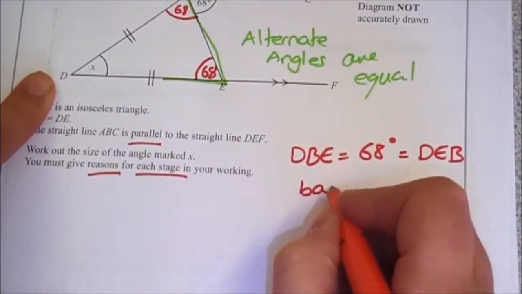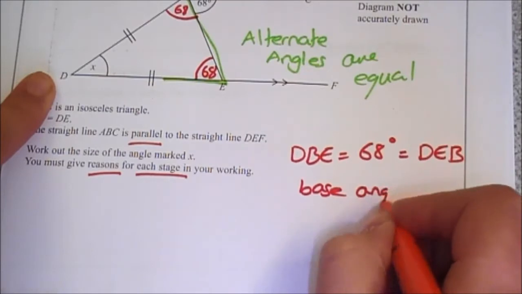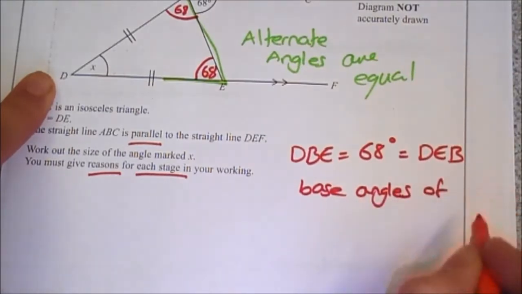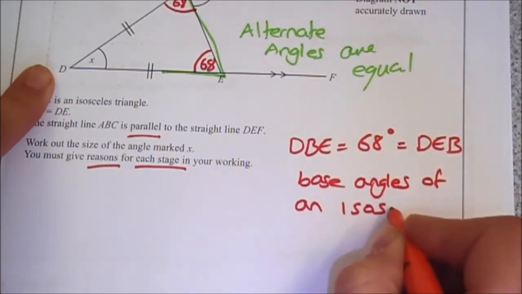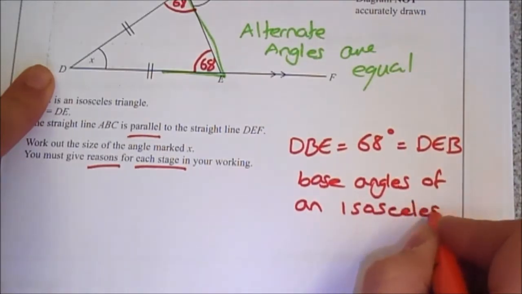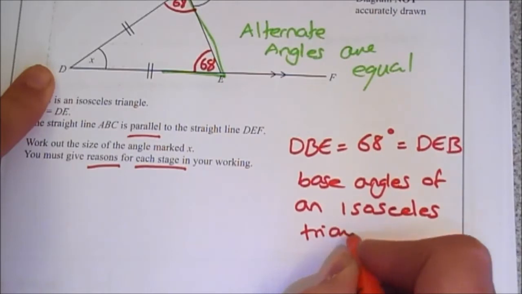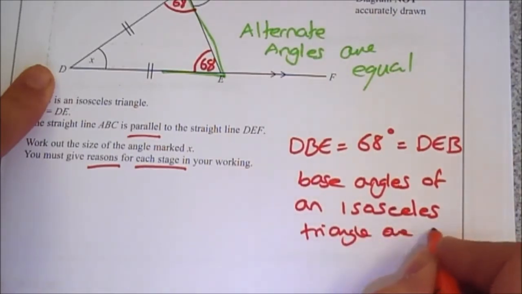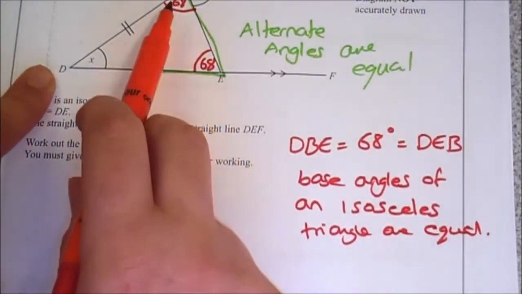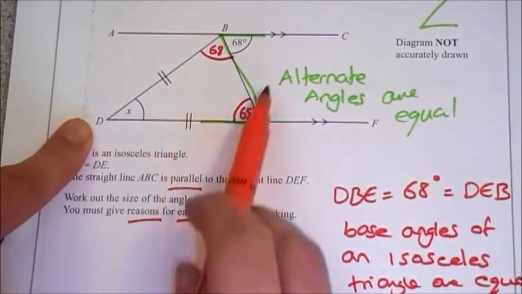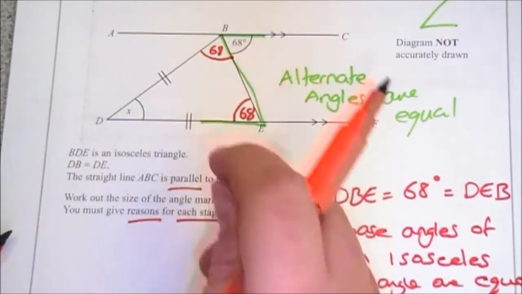And that is because base angles of an isosceles triangle are equal.